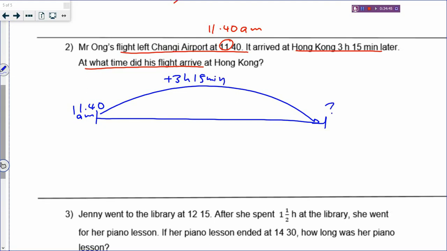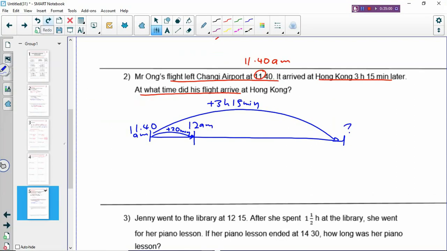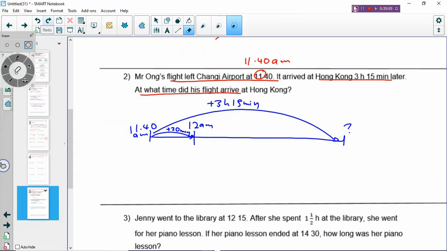There are so many ways to do it. I can get my nearest hour, which is 12 AM, and this will be 20 minutes. Oh, 12 PM, not AM, because it's 11:40 AM and after morning becomes afternoon, so it should be 12 PM.